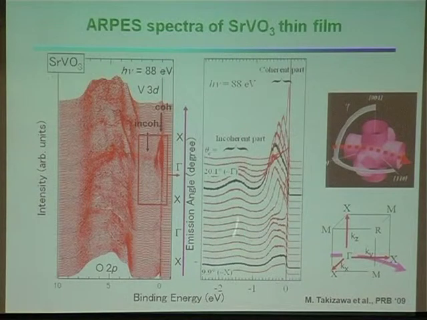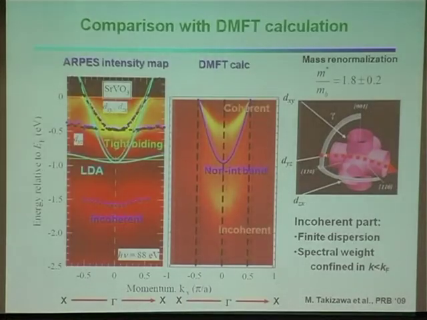And the incoherent part, not very much. But still, there is some very weak dispersion, and intensity modulation exists. Maybe you can see this view graph. The coherent part of course exists, but its dispersion width is about half of the LDA prediction.